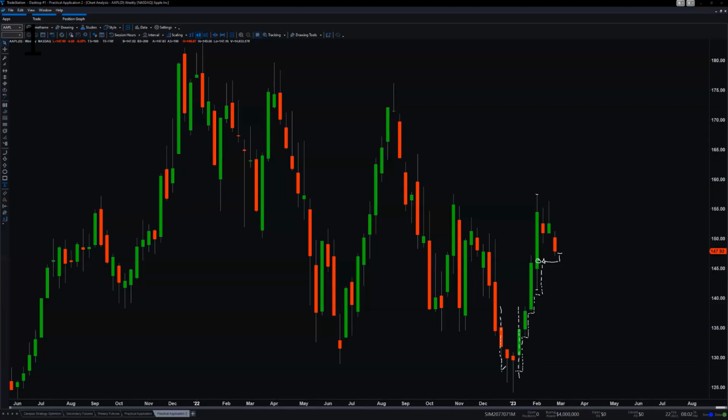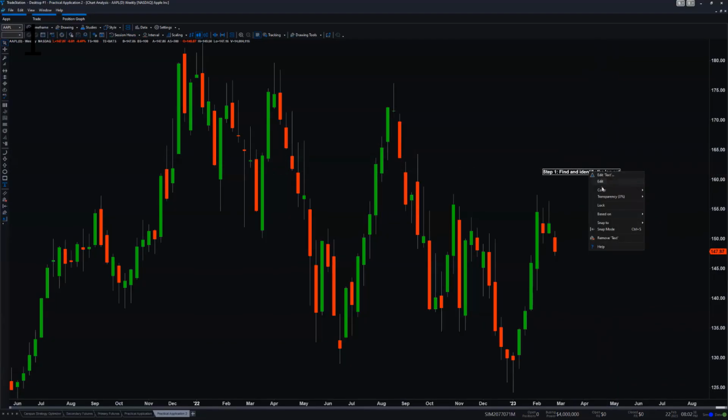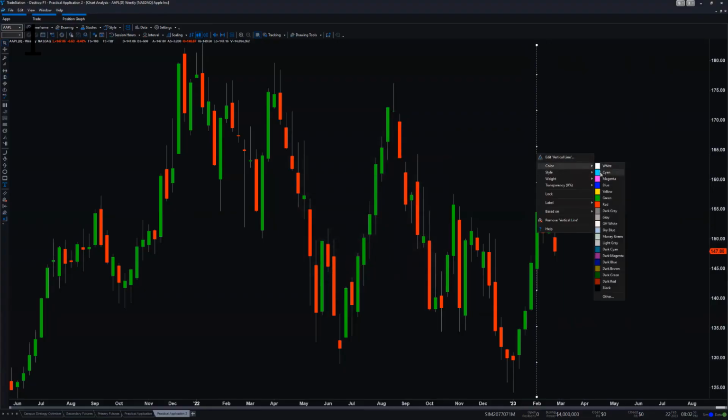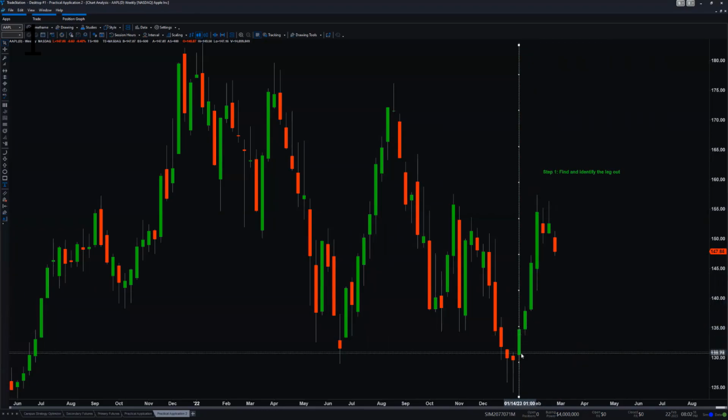And now I have isolated the base, and I could wrap my lines around the basing candles. So step one is find and identify the leg out. Our leg out could have been here, here, or here, and we ended up here because all of those were explosive candles.